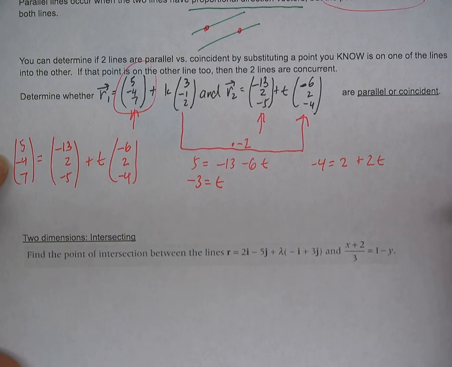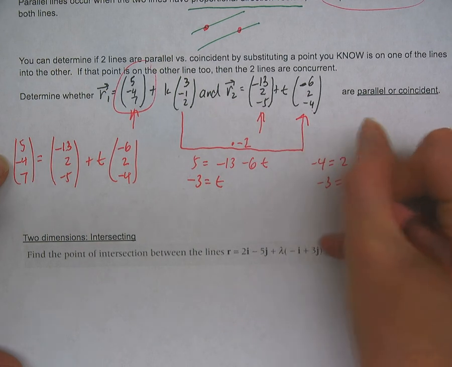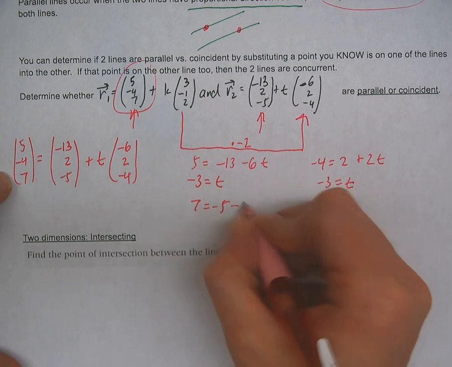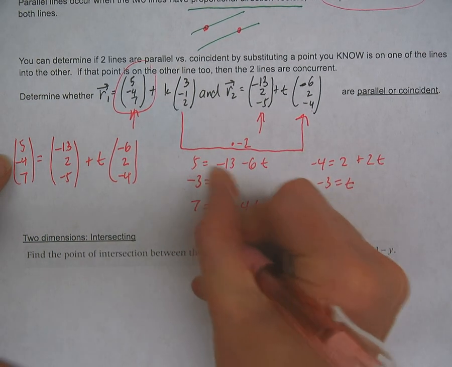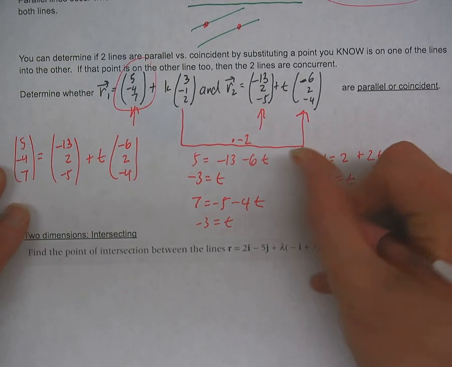If I did the same thing with the parametric equation involving y, I subtracted 2 and divided by 2, I would get negative 3 again. If I did the same thing with the z component, added 5 and divided by negative 4, I would again get negative 3. Since all of the t values are equal, these would be coincident.